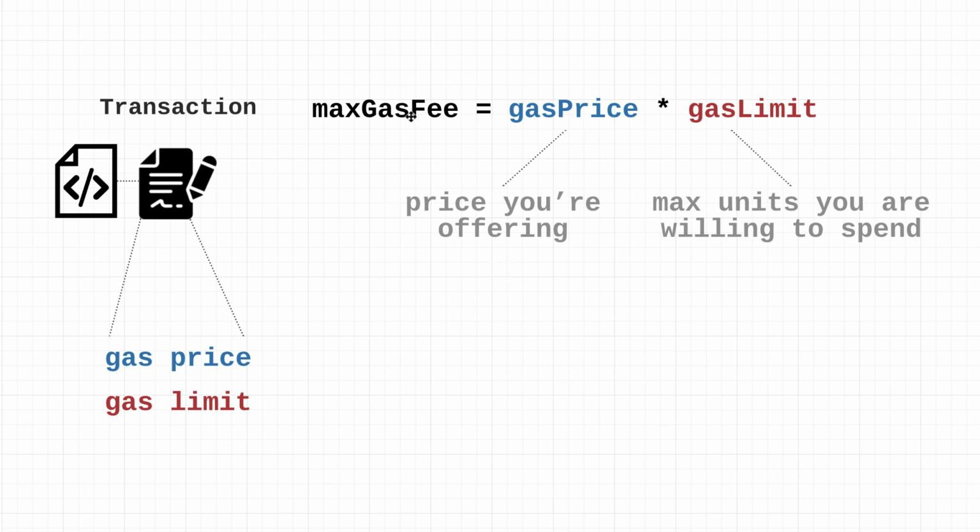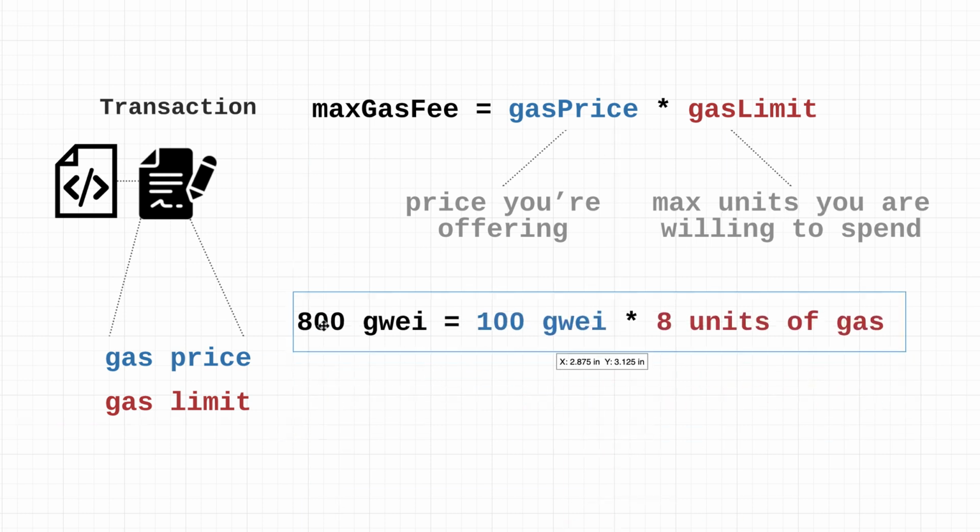So the max gas fee, in other words, the maximum amount you're willing to pay for the entire transaction, is equal to the price of gas. Again, this is something that you specified. How much do you think is needed to more or less convince that gas station operator? And then the gas limit is how many of these gas units you're willing to spend.